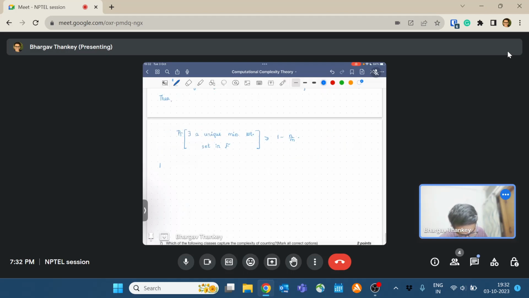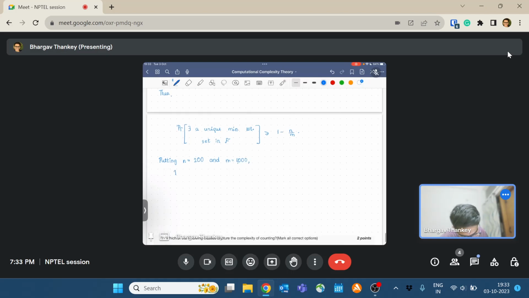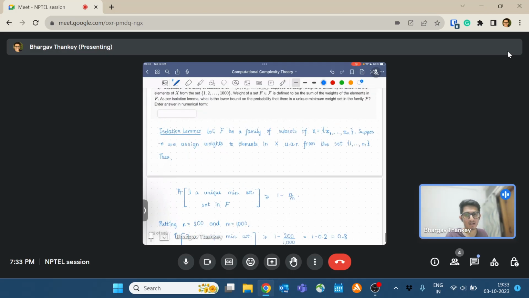So from the isolation lemma, with probability at least 0.8, you are going to get a unique minimum weight set in the family F. Is this fine?